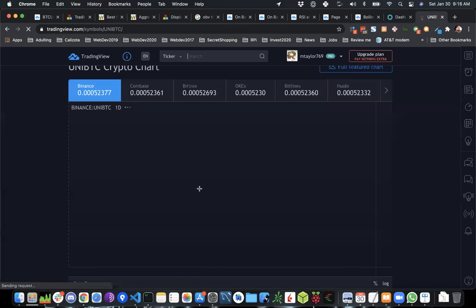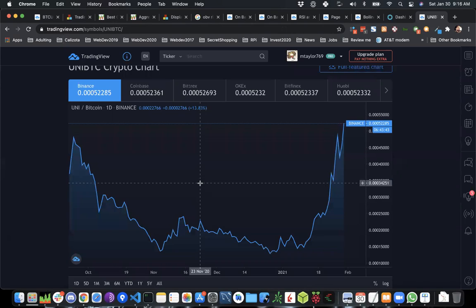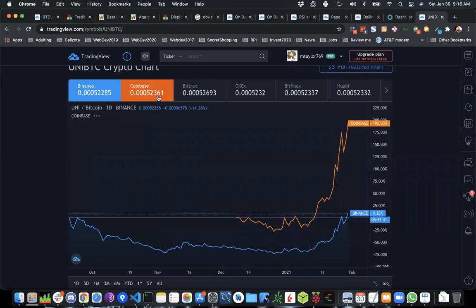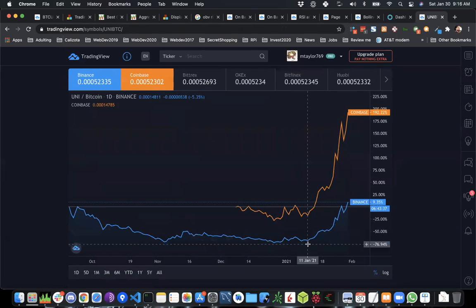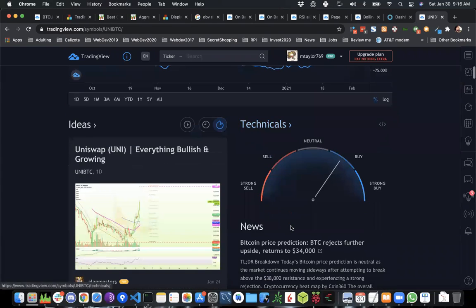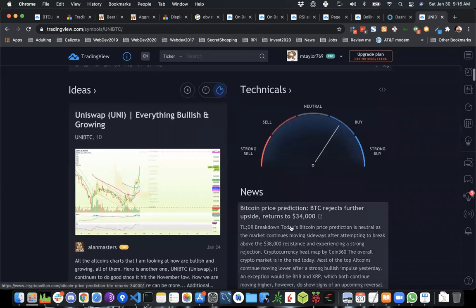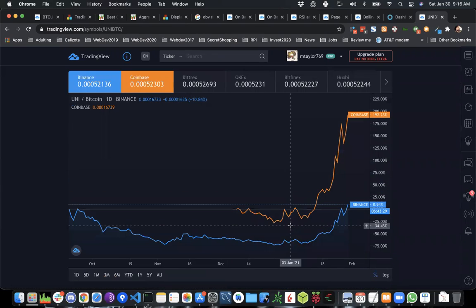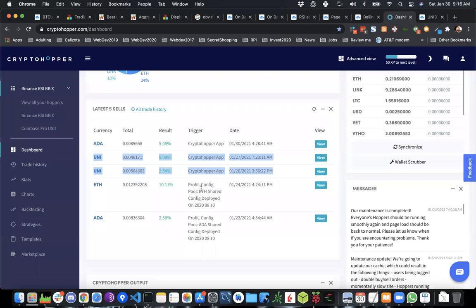There we go. Coinbase. So here, the prices of Uniswap versus Bitcoin finally crossed, and the price I bought Uniswap at was greater than the price it was trading at. So that's where I got my percentage.